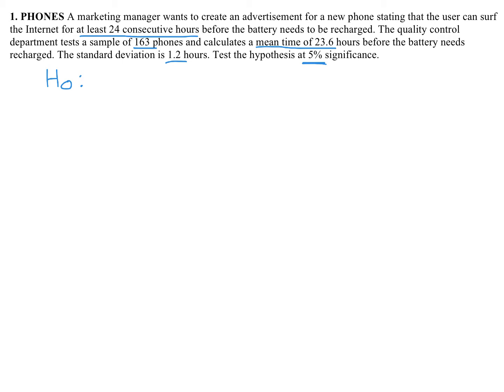All right, so we start with our hypotheses. Those are H0 and HA. Your H0 should always have an equal sign. So our H0 in this problem is going to be mu equals, and the claim was 24. The number from the claim, I should say, was 24.